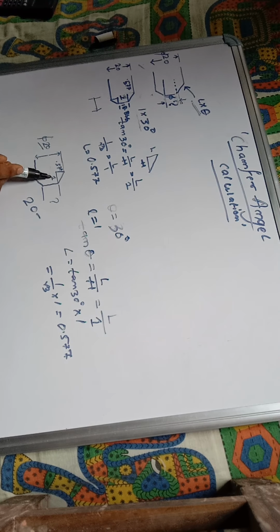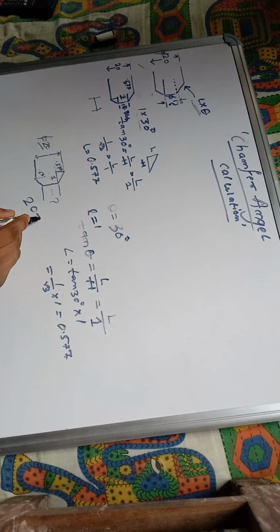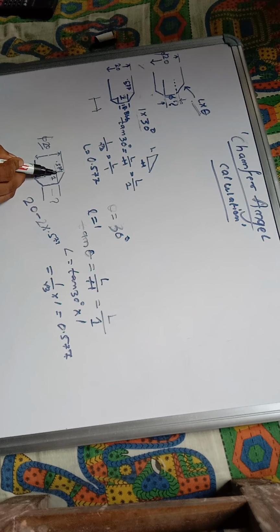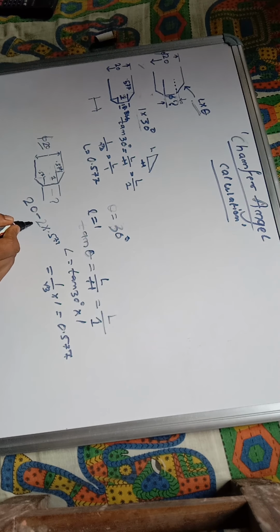As it is symmetric about this axis, it is 0.577 here and also 0.577 on the other side, so from up to down and down to up we use a 2.